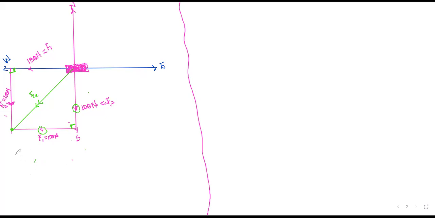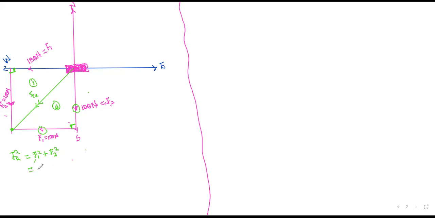Using Pythagoras theorem, I can say that FR squared is equal to, whether I look at it from above, you see we have two right angle triangles, this one and this one. Whichever one you use, the value must be the same. It's still a right angle triangle. FR is still the hypotenuse. So F1 squared plus F2 squared.